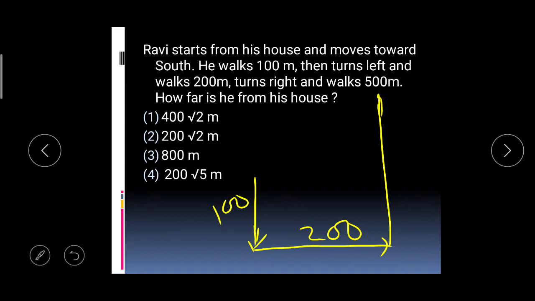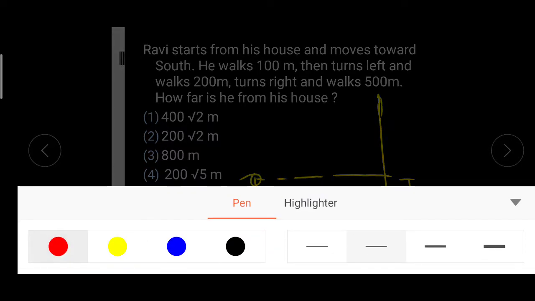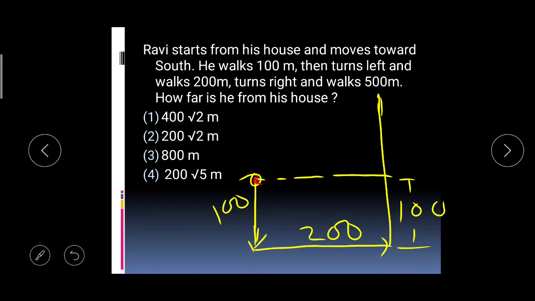Right. If this is 100, that means this is 100. And this is his house. This is his house, right? And this is the final position. This is the final position and this is the house. So I need to find this distance, right?